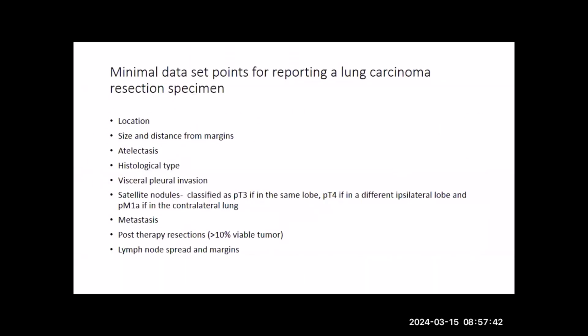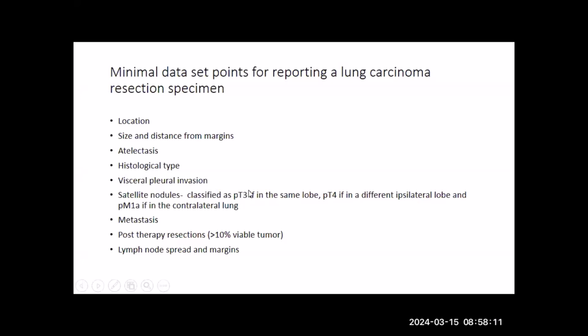So just some points about lung dissections. What parameters are important for reporting? One is the location of the tumor, size, distance from the margin, presence of atelectasis, whether it is reaching the hilum, then the histological type that we just discussed, and presence of visceral pleural invasion. Invasion of the outer layer of the pleura is important.